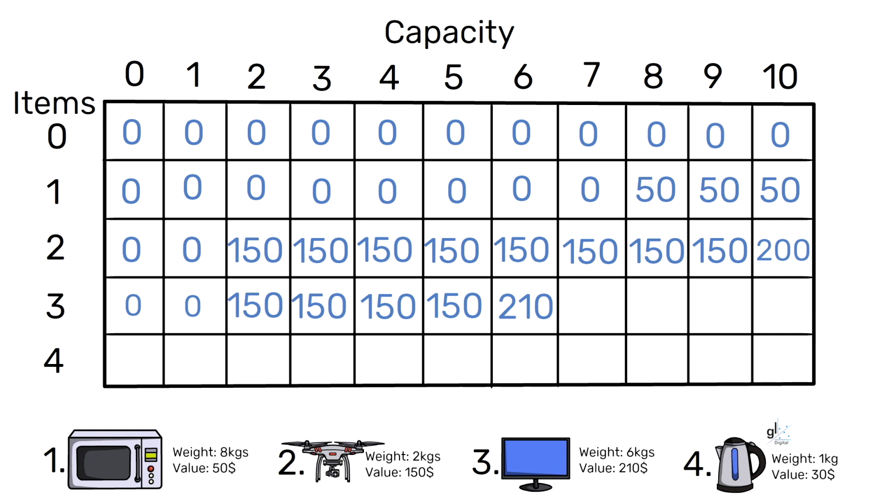The same value is appropriately recorded for the scenario presented to us in the subsequent iteration of the inner loop, i.e. when the capacity variable equals 7. So we can record 210 here. When the capacity is equal to 8, the values that are plugged into our formula are different to the values passed into the formula when the capacity was 6 or 7.